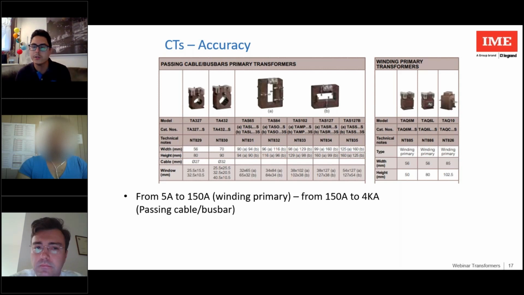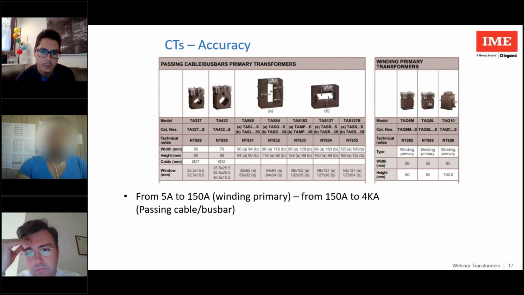So it doesn't change the vector. You have an error of this cable, but it depends on the current transformer ratio nearest the maximum current flow on the primary bar or cable.